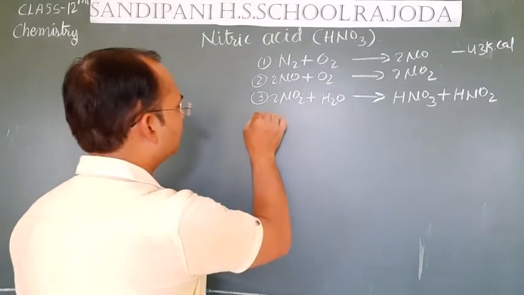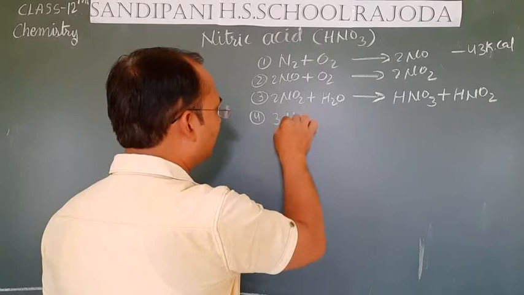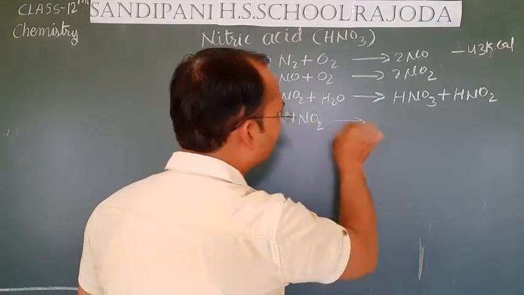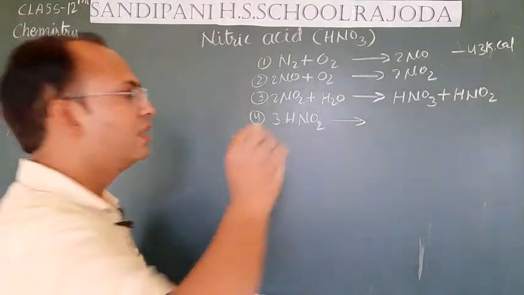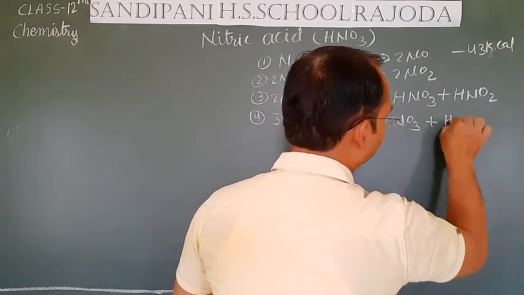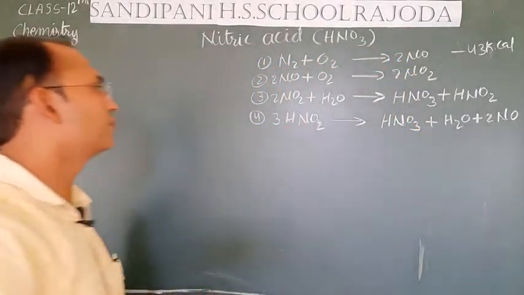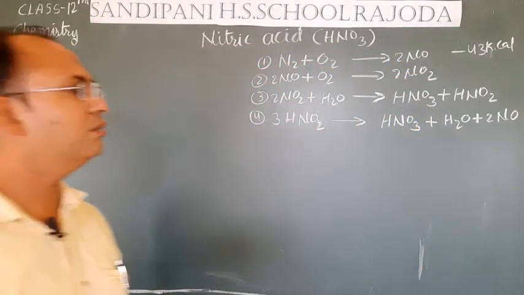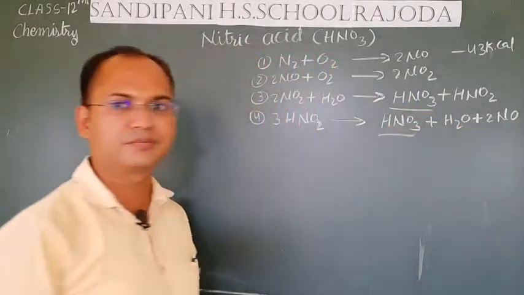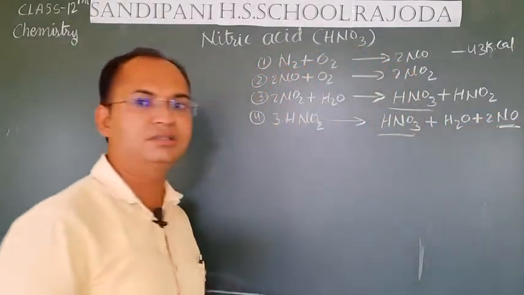Let's see how. The fourth reaction that takes place in this process is 3HNO2 gives, by a rearrangement reaction, HNO3 plus H2O plus 2NO. Now students, you can see that in two steps nitric acid is obtained, and again a third product, nitrogen oxide, is obtained.